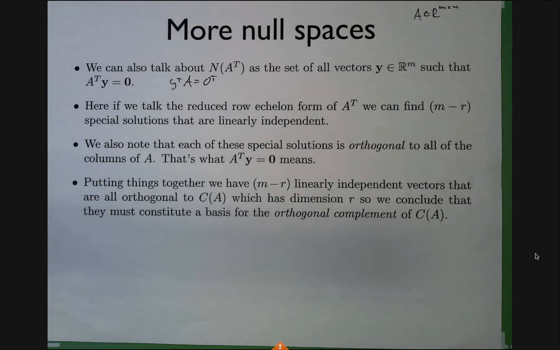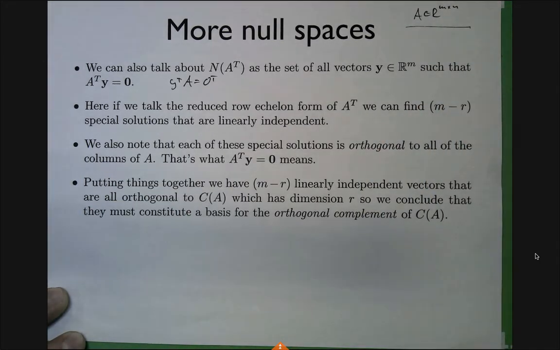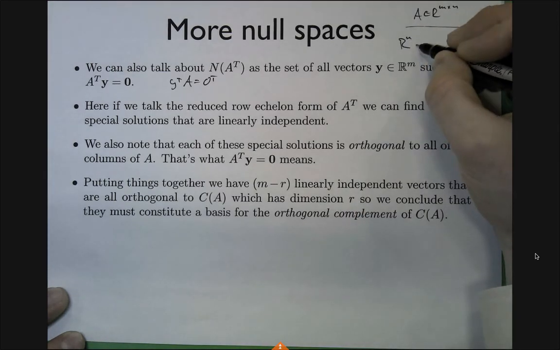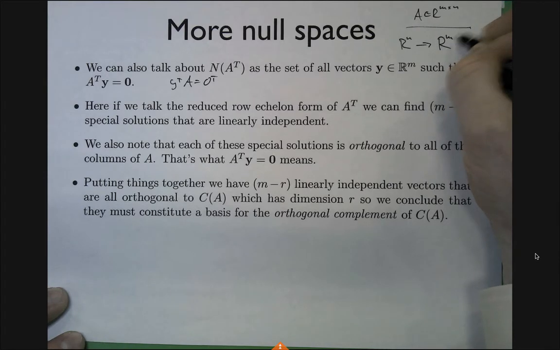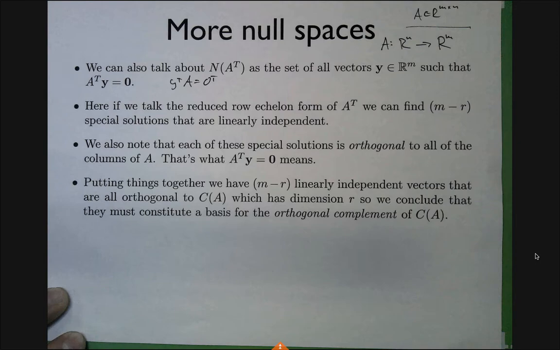So if you want to write it schematically, what the matrix does, if I have an m by n matrix like this, it's a mapping from Rn to Rm, right? The matrix A takes a vector from Rn and maps it to a vector in Rm.